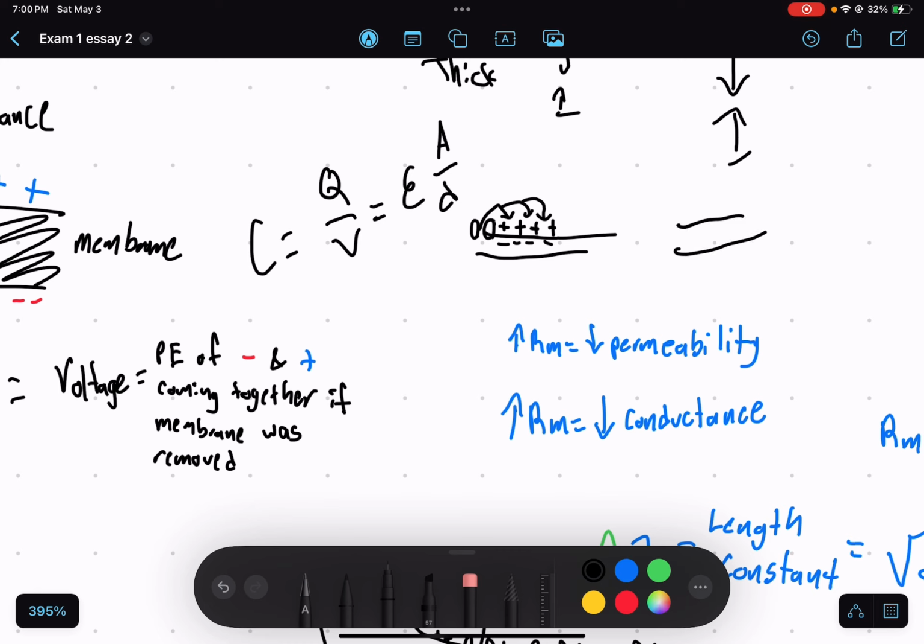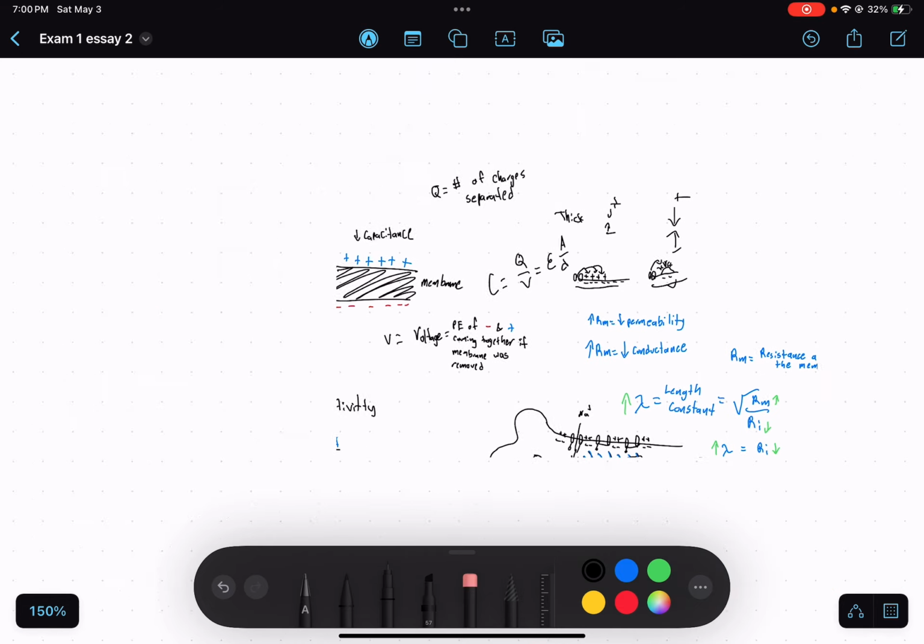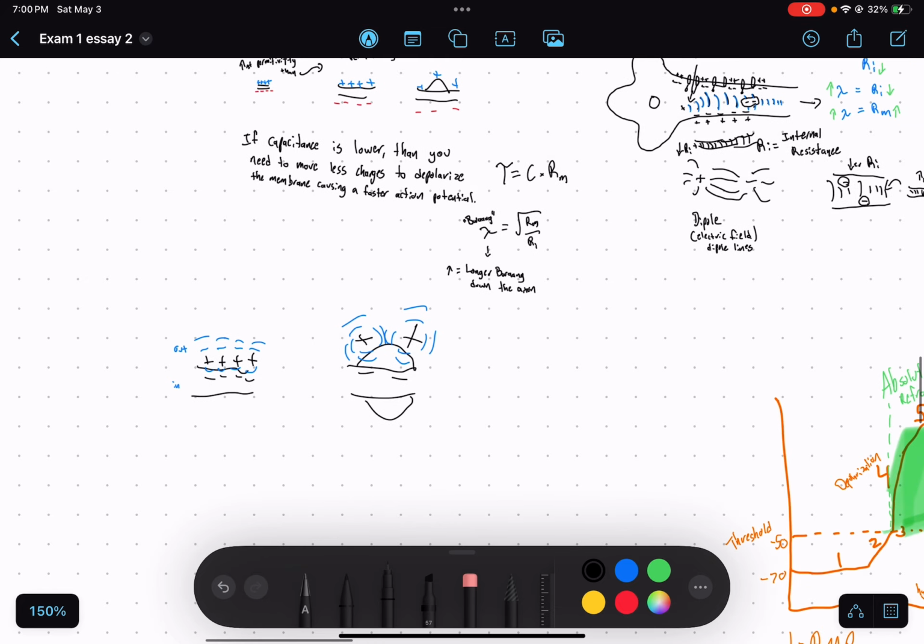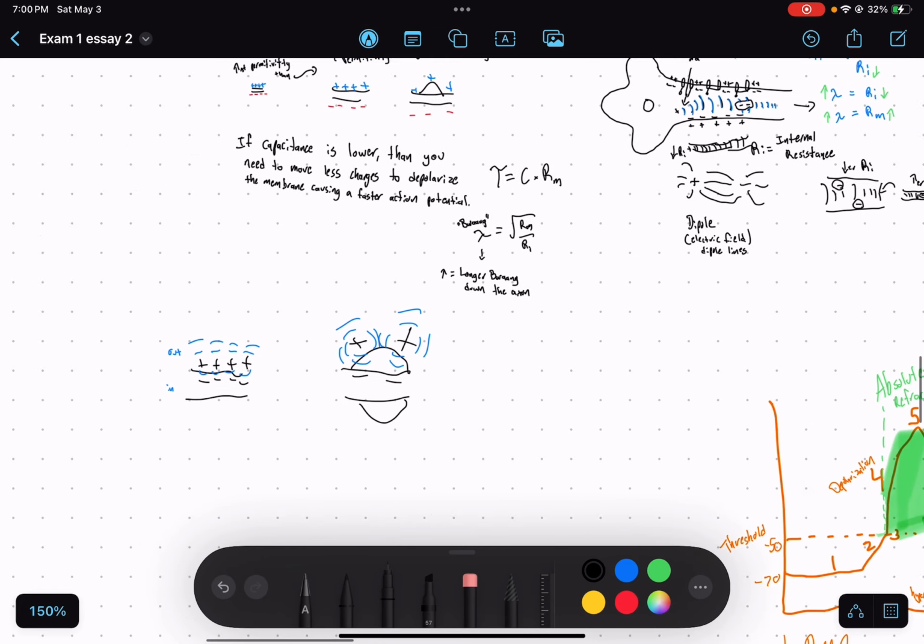But with a myelin sheath, that electrical field is much greater. You can't fit nearly as many positive charges there. And that's our capacitance, being able to fit charges on that wall to be able to match with the negative charges.